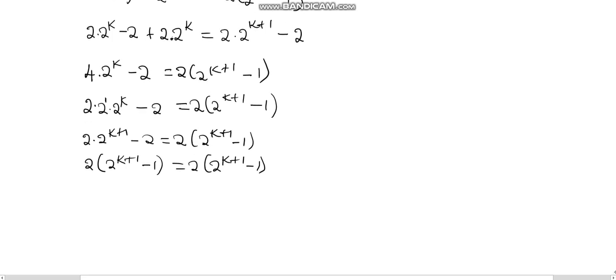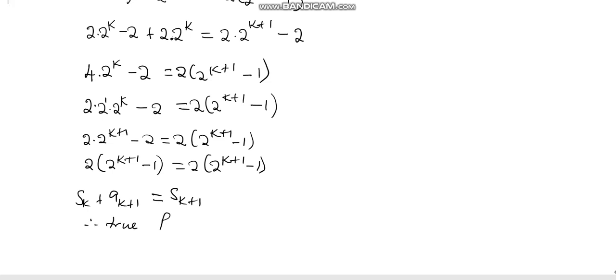So now, looking at what we have here, the left hand side is equal to the right hand side, and what we've done is we've shown that S_k plus the (k plus 1)th term is equal to S_(k+1). So therefore this is true for n equal to k plus 1.